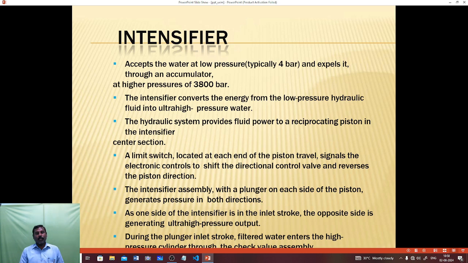The limit switch located at each end of the piston travel signals the electronic controls to shift the directional control valve and reverse the piston direction. As one side of the intensifier is in the intake stroke, the opposite side is generating ultra high pressure output.